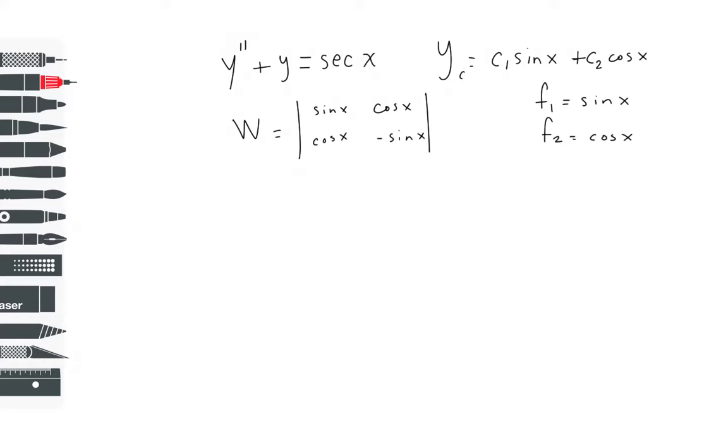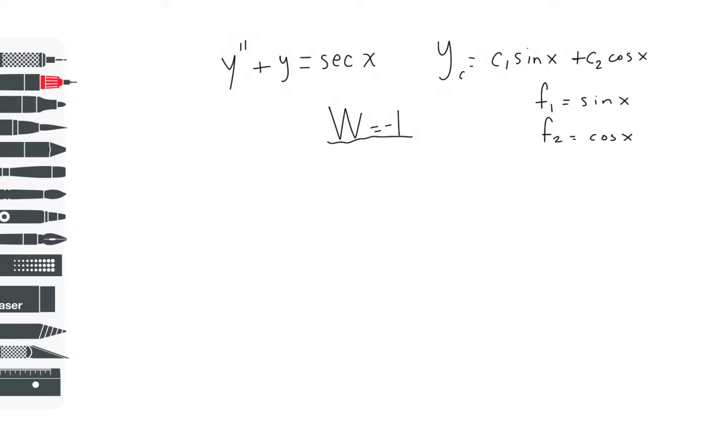Once you cross multiply, you get negative sine squared of x minus cosine squared of x, which by identity is negative 1. So the Wronskian is equal to negative 1.